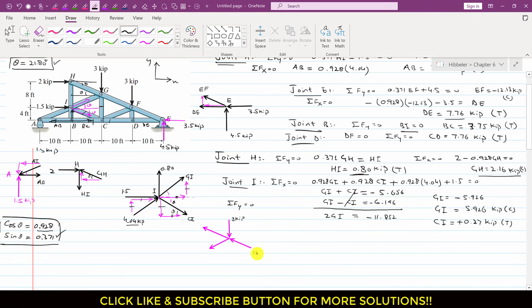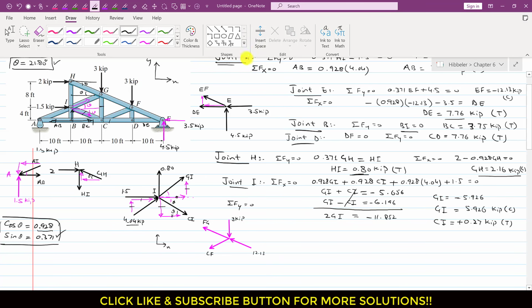And this is not known, this is the CF member force, and this is not known, this is FG. If we resolve these forces along the positive x and y directions, we will have two simultaneous equations.